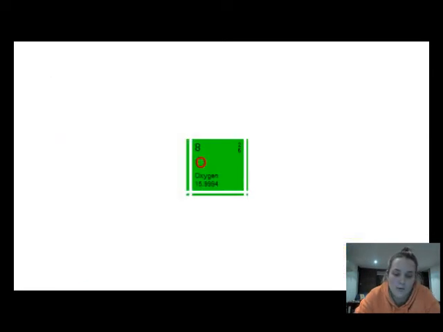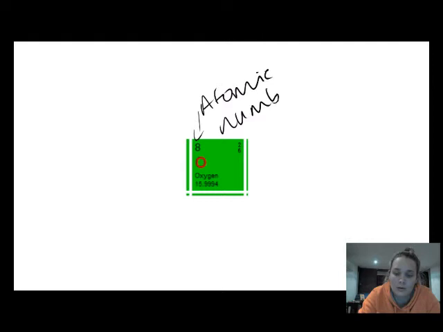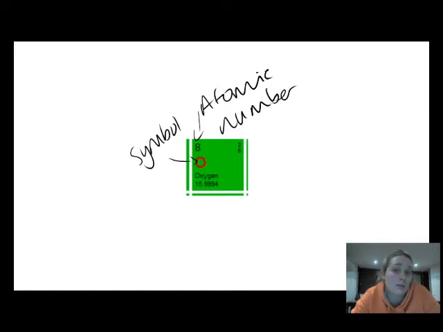So if I was to pull up oxygen here, I know that this one here is my atomic number, and I know this part here is a symbol for that atom, because we have different symbols to tell them all apart. So when we're writing our chemical formulas out later, you don't need to write the whole name, which is just below it here.